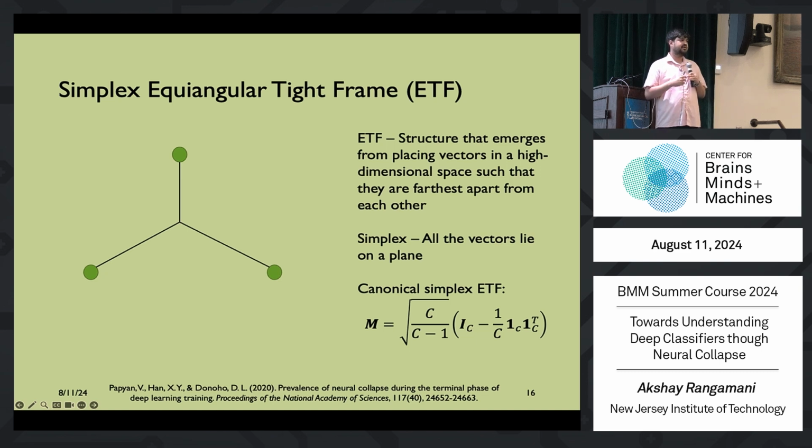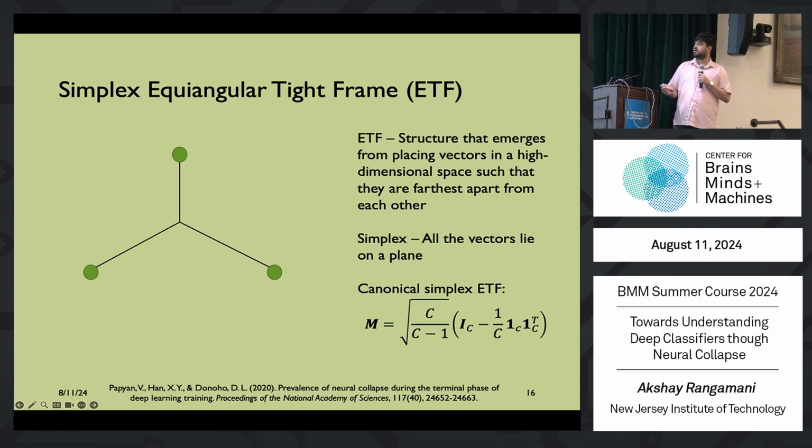An equiangular tight frame is a set of vectors in a space which are all the same angle from each other. And this is an interesting object because an equiangular tight frame is also the solution to the problem: if I have a bunch of vectors and I want to put them as far away from each other as possible.